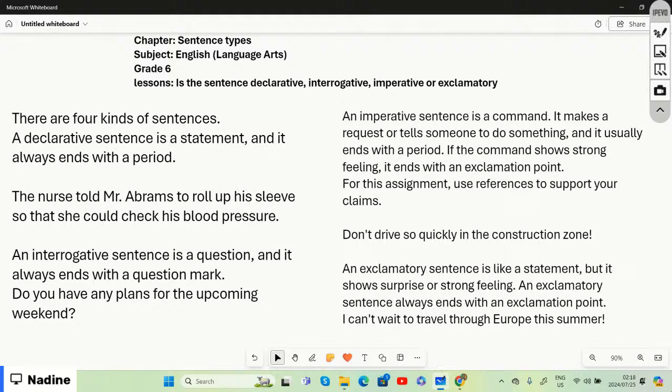And lastly, we have our exclamatory sentence, which is similar to a declarative sentence where you tell someone a random statement. However, with an exclamatory sentence, you show more surprise or more feelings, and that is why it ends with an exclamation mark.